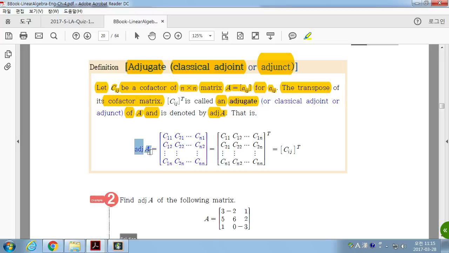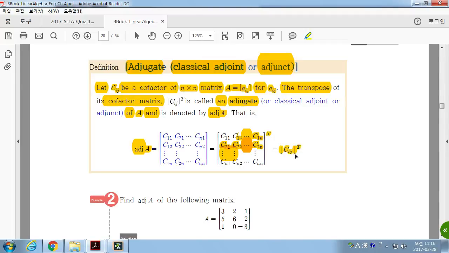So the ij entry of the adjugate of A is the transpose of C_ij, which is C_ji. Here, C12 goes there because of the transpose. Find C11, C12, and so on in this order, form a matrix with all the C_ij's, and then take a transpose.